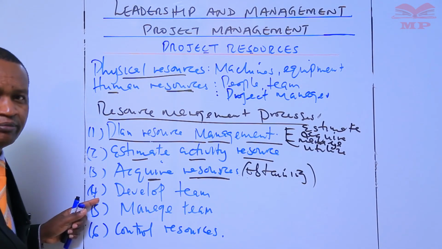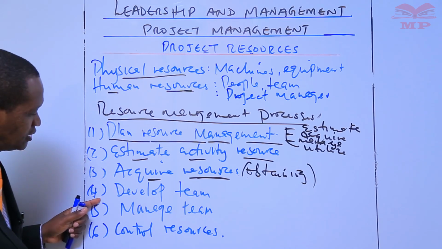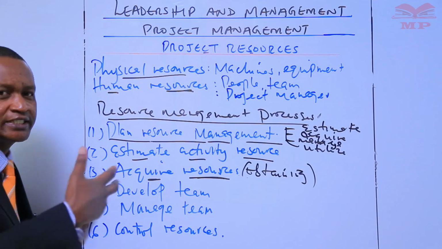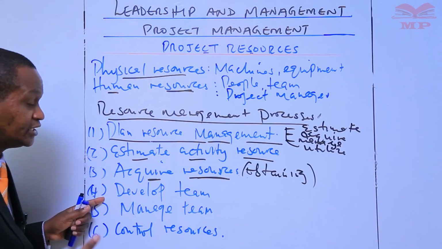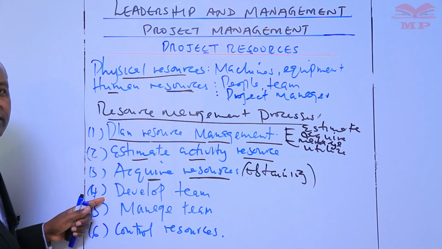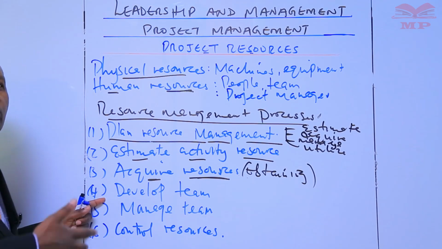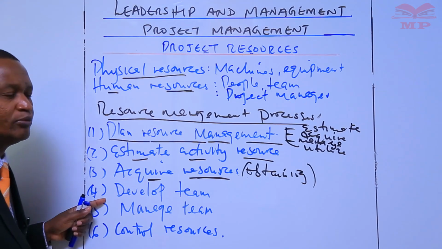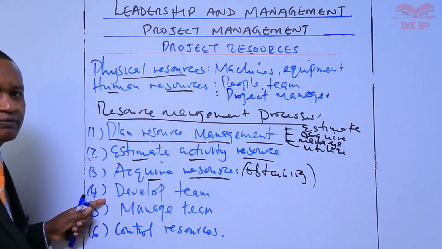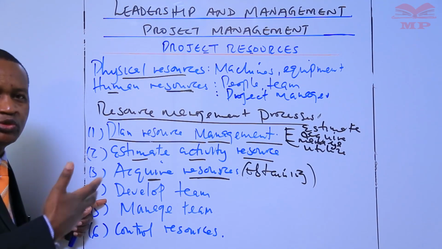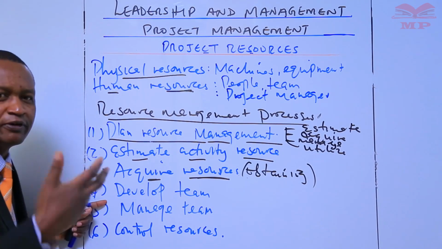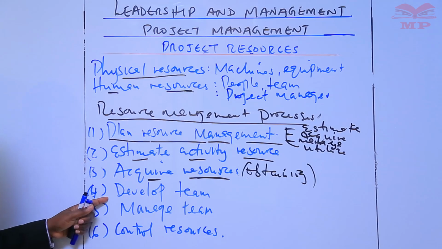And what's the key benefit of this process? The key benefit of this process is that it results in improved teamwork, enhanced interpersonal skills and competencies. It leads to motivated employees. There is reduced attrition, improved overall project performance, and so on.